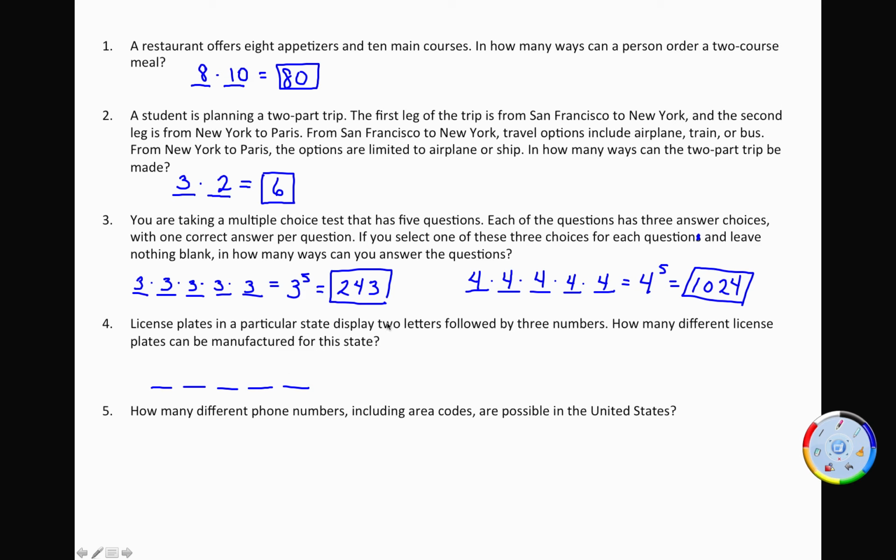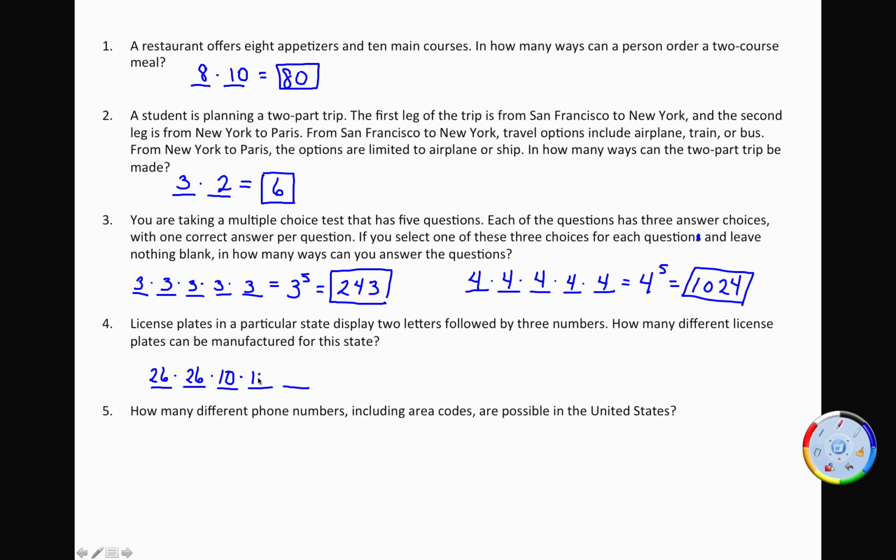2 letters. Okay, so I need to know how many letters there are. There's 26 letters in the alphabet. So the first two, I can have 26 in the first blank, 26 choices in the second blank, and then followed by 3 numbers. Well, there are 10 digits, including 0 through 9.